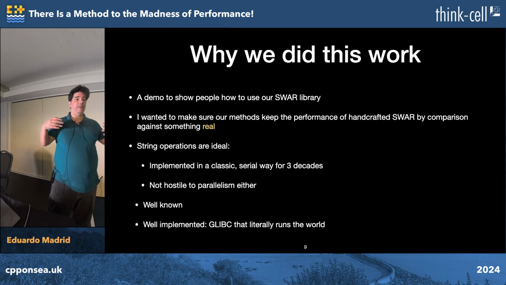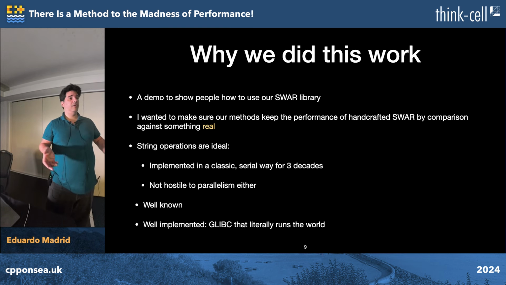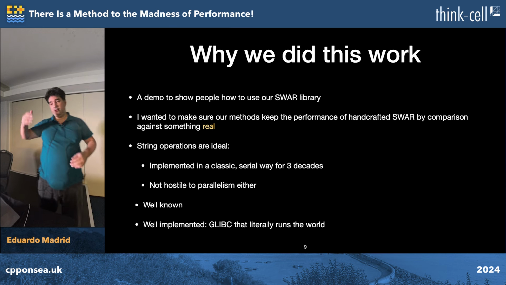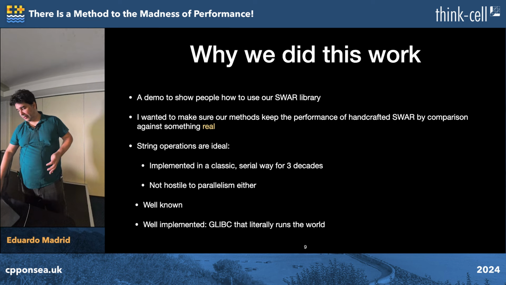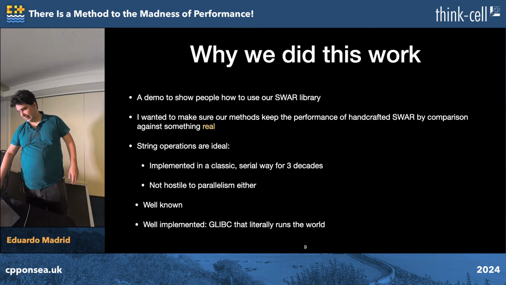But recently, because of different approaches and the fact that parallelism is ever more important, those string operations have been implemented with parallel operations in mind. So this is not designed for parallelism, but not hostile to parallelism either. So it's like a good type of application. They are well known, and in principle, GLIBC must have implemented them well enough because it is a very serious project that runs the world, right?